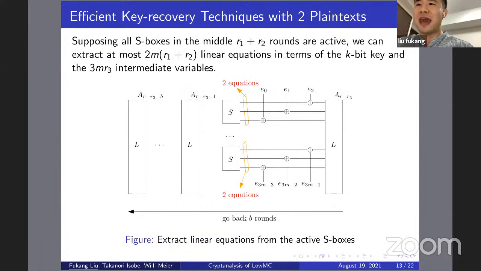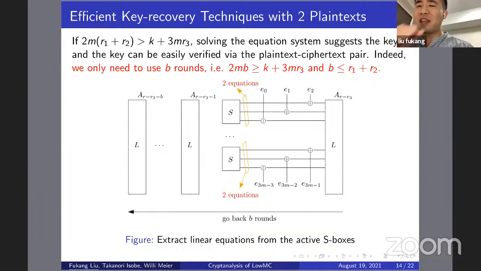So, supposing all the S-boxes are active in the middle rounds, we can extract many linear equations in terms of the key and the intermediate variables. Similarly, if the number of equations is larger than the number of variables, we can uniquely determine the key, and the correctness can be efficiently verified with the plaintext-ciphertext pair.